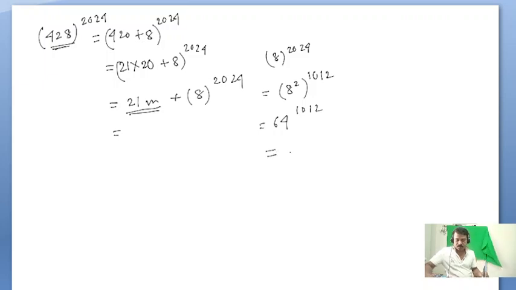Now we can break it like (21 into 3 plus 1) whole to the power 1012. So here also (21m plus 1) to the power 1012.